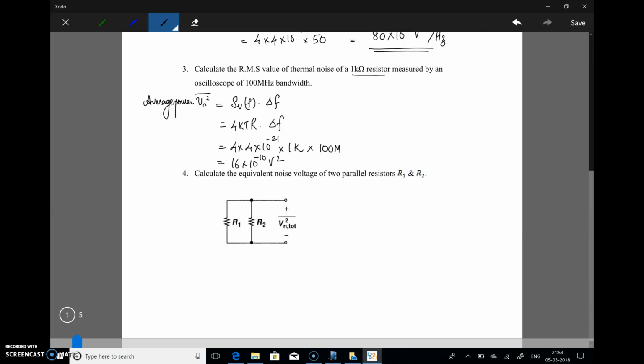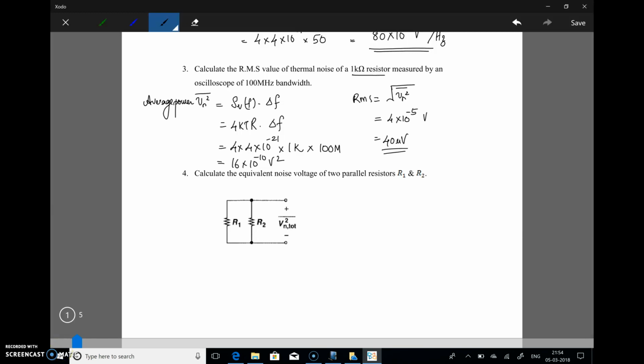This is the average power. The question is the RMS value. So RMS is the square root of Vn square bar, which is equal to 4 into 10 power minus 5 volt, which is equal to 40 microvolt.